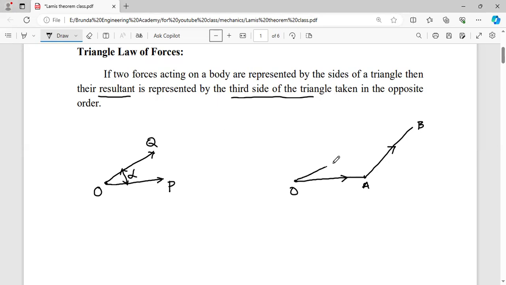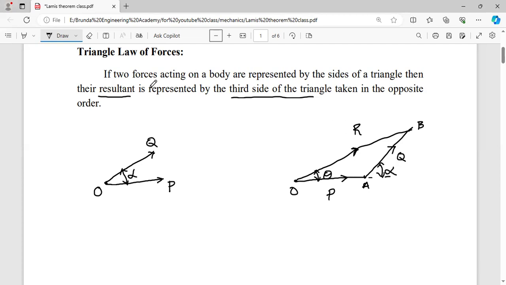What is the closing side? It is the closing side of the triangle, but the closing side is taken in the opposite order, which means in the opposite direction. Here the direction is important. So it is the resultant force. This is the force P and it is the force Q. That resultant makes an angle of inclination theta, and the angle with the horizontal of this force is taken as alpha.